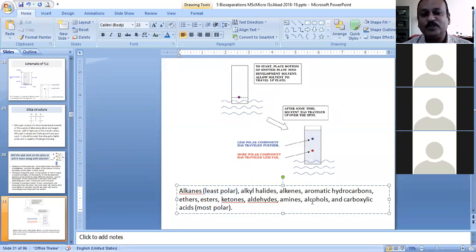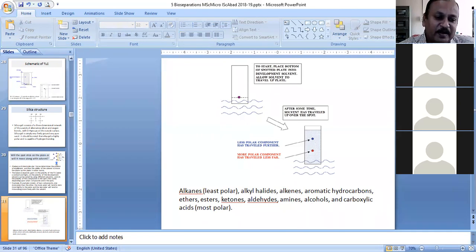Carboxylic acids are the most polar solvents. So I can make a mixture of some of these solvents to get the solvent system, and by trial and error, I can come to the best solvent system, which will give me a good separation.